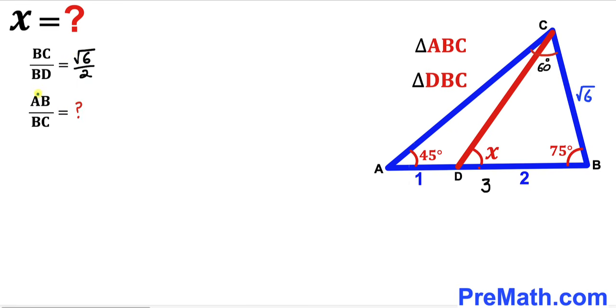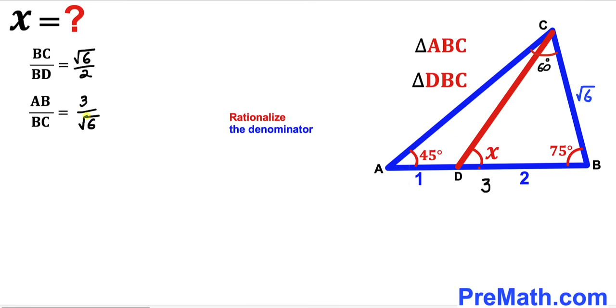And likewise, now we are going to calculate the ratio of these two side lengths, AB and BC. And in our case, this whole AB side length is 3, and our BC side length is square root of 6. So therefore, I can write 3 divided by square root of 6.